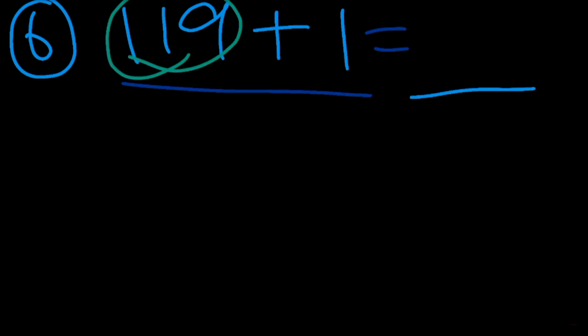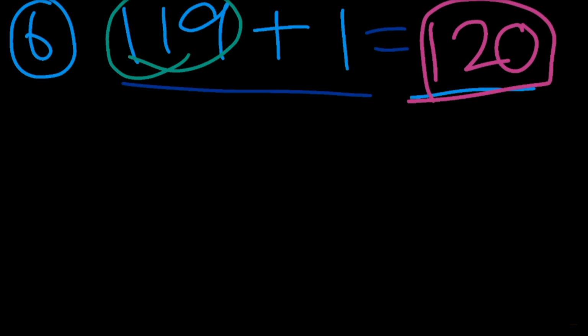What is the successor of 119? The successor of 119 is 120. So you don't need to do a lot of additions and arranging columns. You can simply follow the property and get the answer.